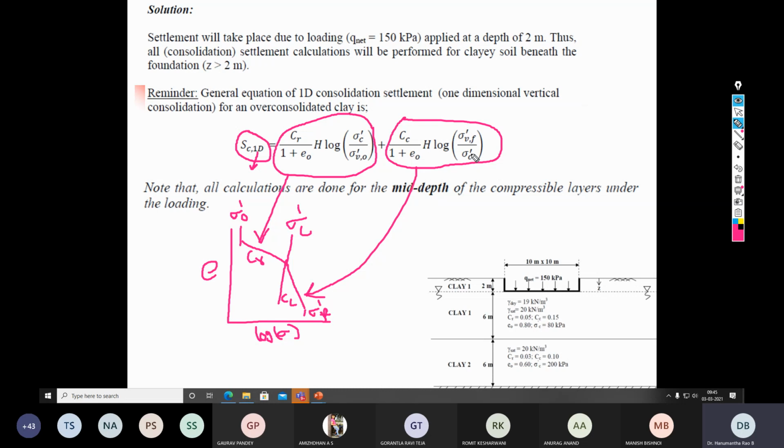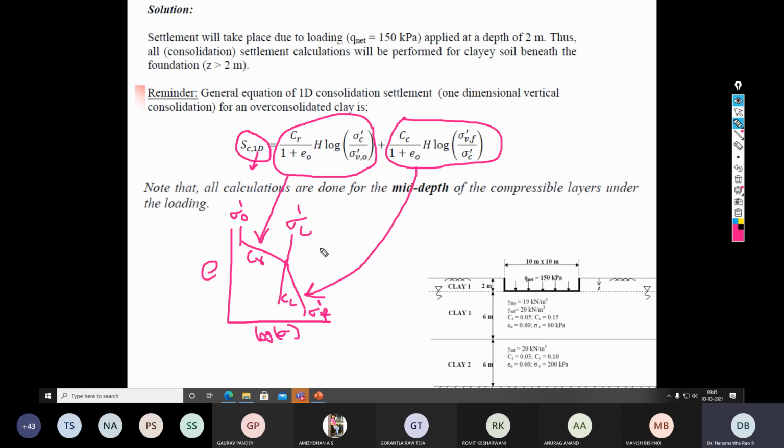And if you look at the other slope equation, that is sigma f dash and sigma c dash. The difference sigma f minus sigma c is the delta on one axis, and sigma c minus sigma naught is again a delta on the same axis. The other is the e naught void ratio, that is delta e.